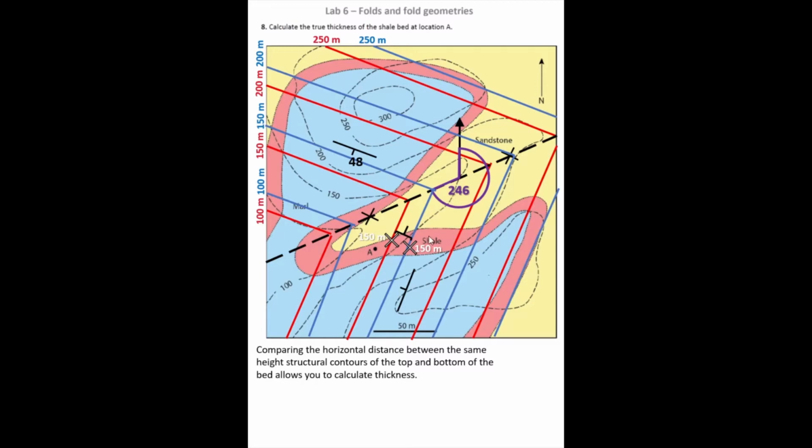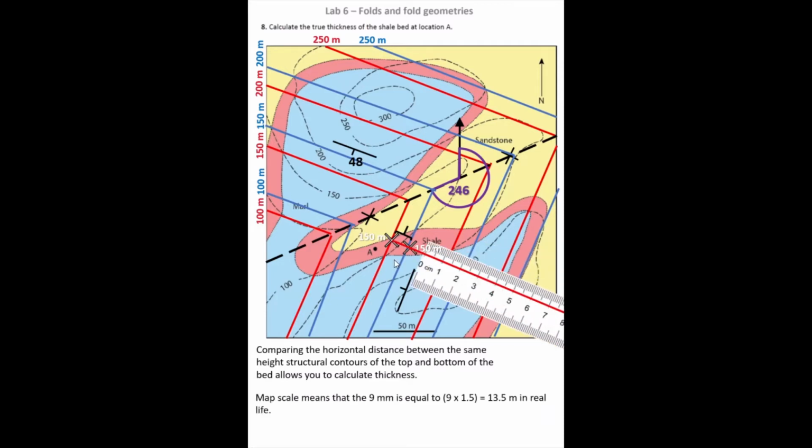So let's just take a point near A, where I've got the top contact and the bottom contact, and I'm going to measure perpendicular to the structural contours that horizontal distance. So when I do that, that horizontal distance comes out as 9 millimeters, which when I multiply by 1.5, our map scale, tells me that the horizontal distance between the top and bottom contact between those 2 points is 13.5 meters in real life.